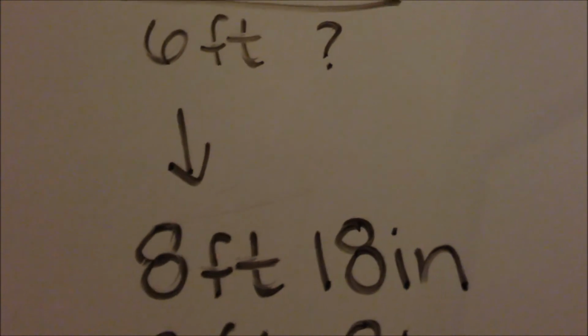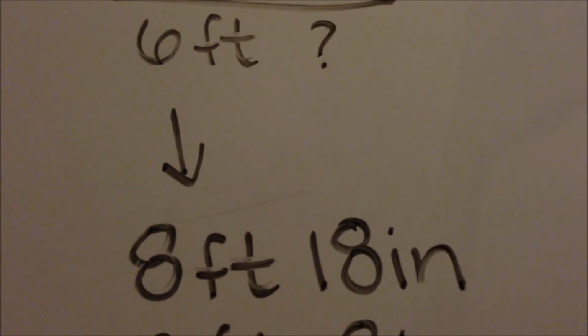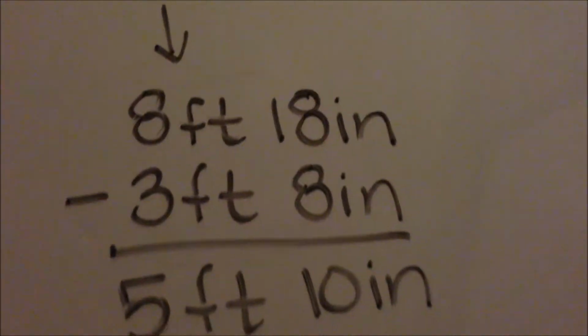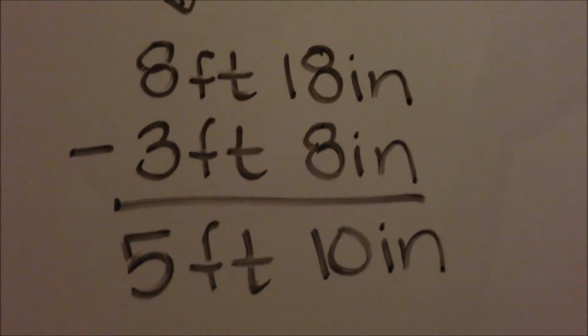So we're going to subtract 1 foot from 9, and we're going to add 12 inches to 6. So 9 becomes 8, and 6 becomes 18 because we're adding 12 inches to 6 inches. We are now ready to subtract, so we have an answer of 5 feet 10 inches.